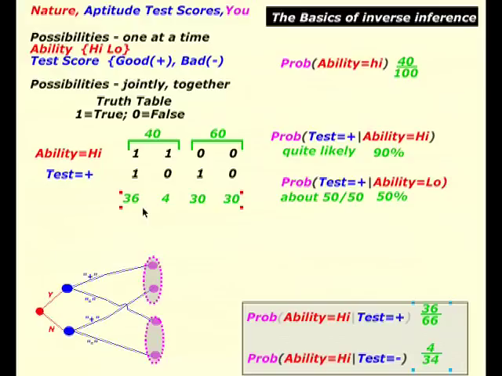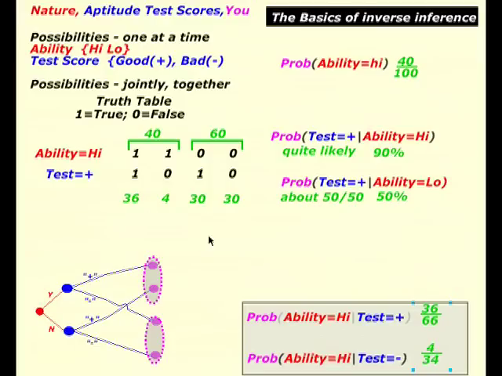I have a new belief now because I've seen the result of the test. If the test result is positive, then the chance I'm now going to put on a person having high ability is 36 out of that 66. Add these two numbers up because they're the ones. There's 66 who have positive test results, and 36 of them are of high ability.